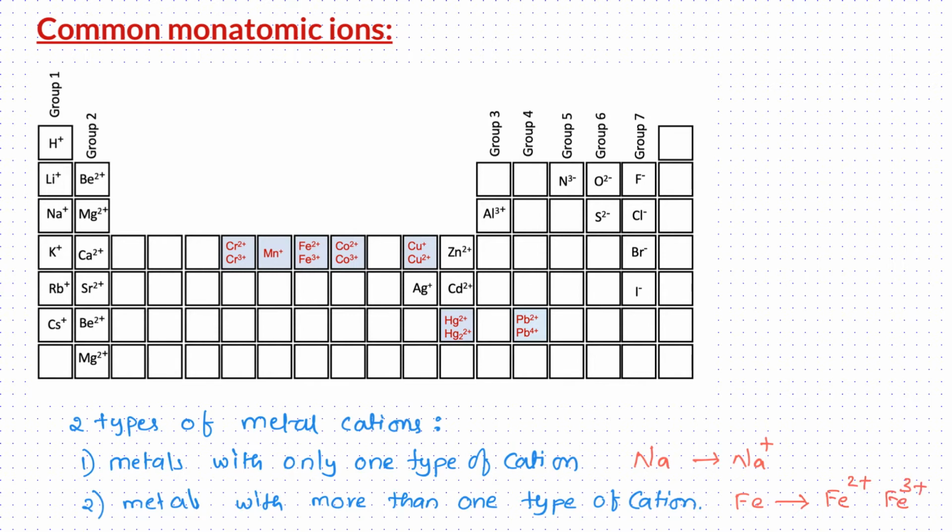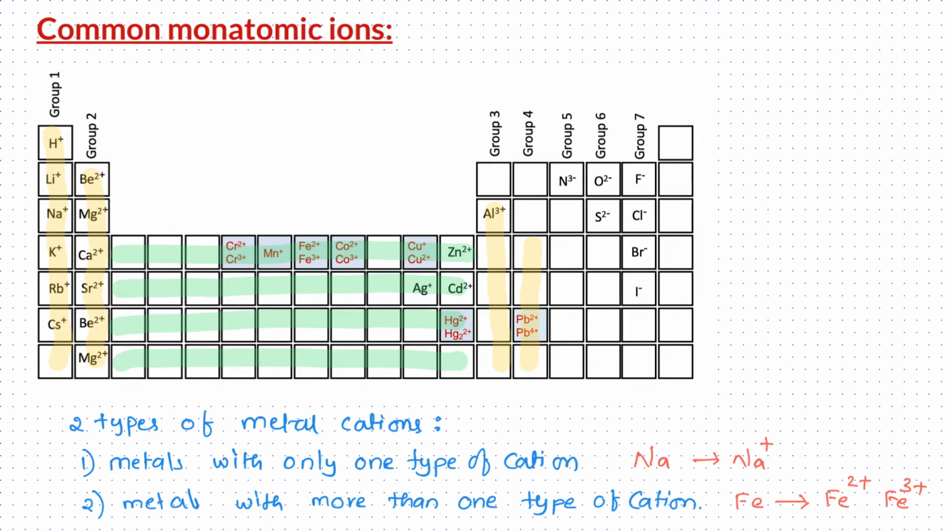If we notice, there is a pattern here. Most of the main group metals, that is metals in the s block and p block, form only one type of cation, while most of the transition metals, that is the metals in the d block of the periodic table, form multiple types of ions.